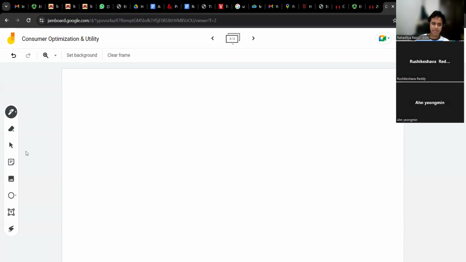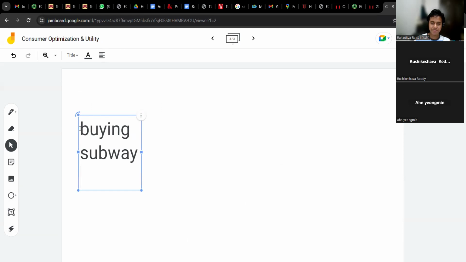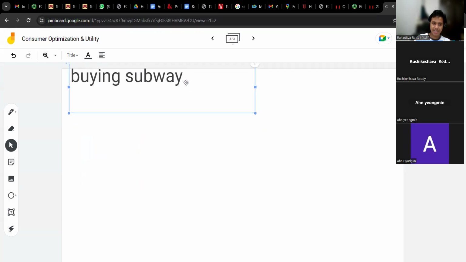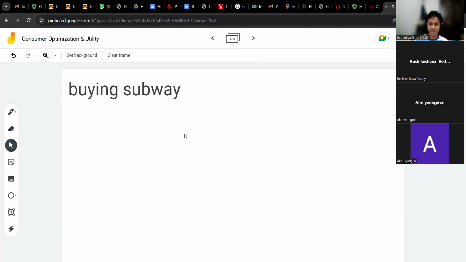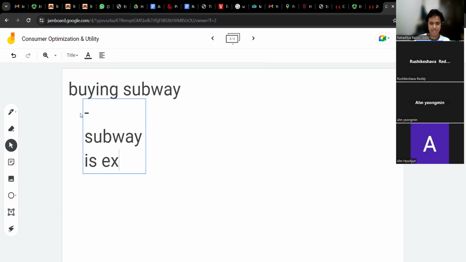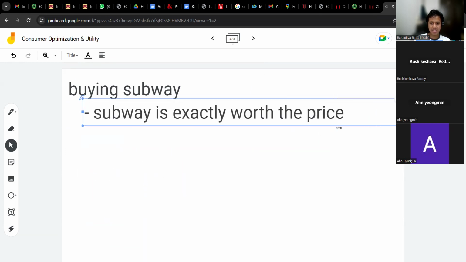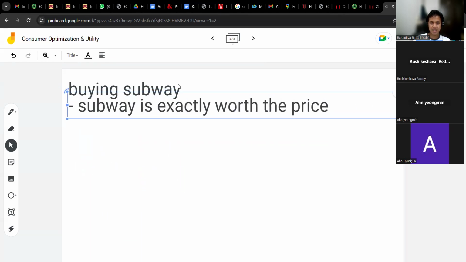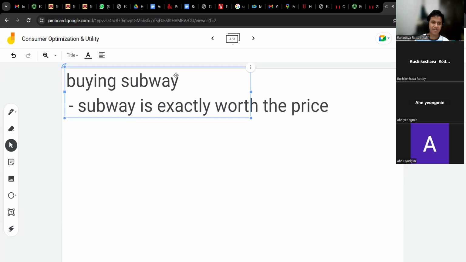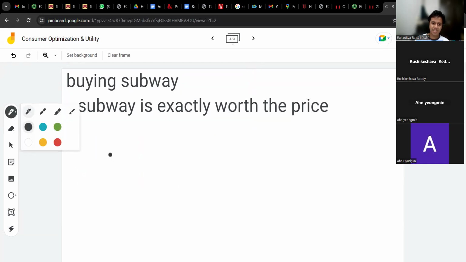essentially, maybe a better example would be, let's say you're buying a sandwich from Subway that's 10 ringgit. If you think that the Subway is exactly worth the price, like you don't gain nor lose anything, then you're going to perceive it this way, where it's 10 utility to RM10.